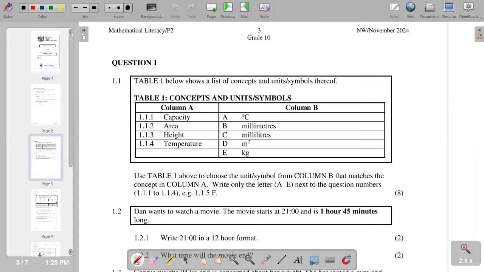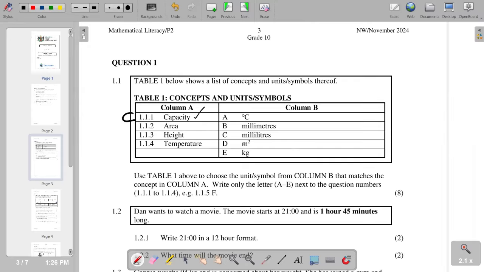Moving to the first part of our question paper, it reads: below shows a list of concepts and the units or symbols thereof. On the first part we have capacity. The measure that we have for capacity, according to column B, is milliliters, which we have on C. On the second part, area.